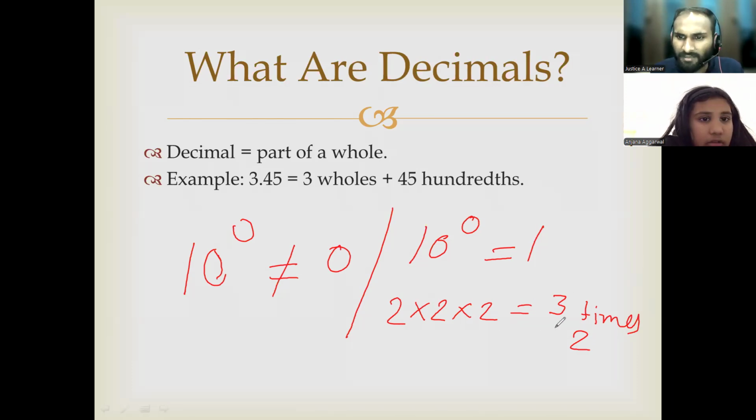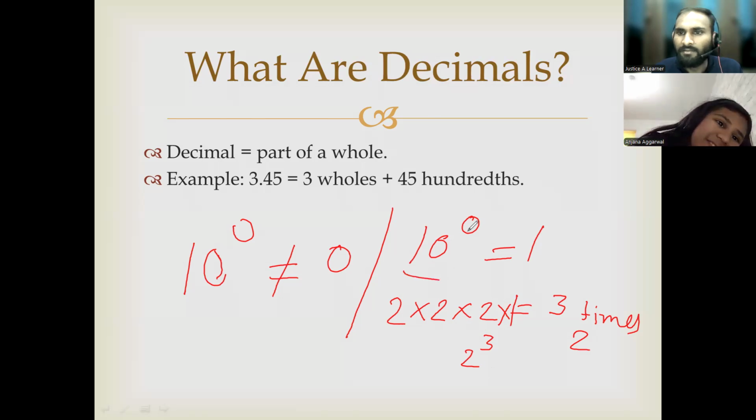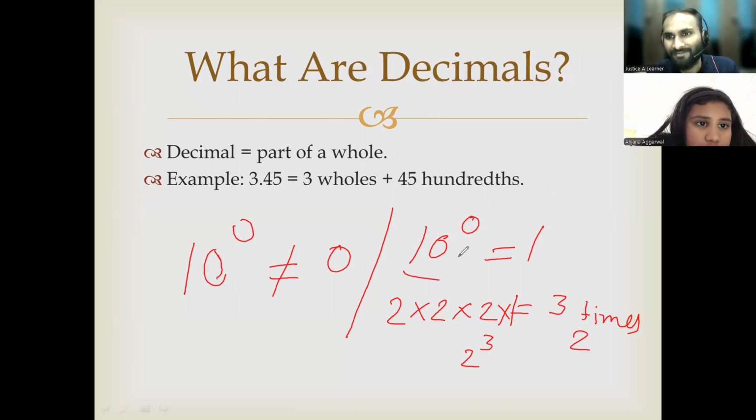I can write this also into 1. Would it affect the number? No. So I write it as 2 to the power 3. Now 10 to the power 0 means 10 is 0 times, it means there is no 10. So only what remained in multiplication, that is the universal factor, that is what?